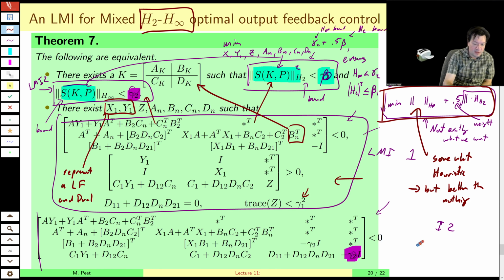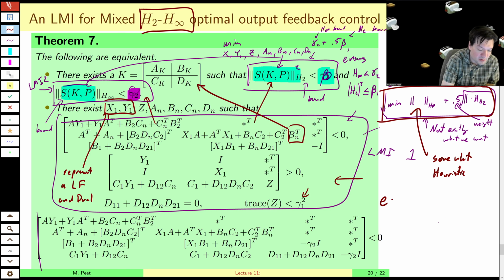Here, let me just erase some things. So every Liapunov function represents a system property.